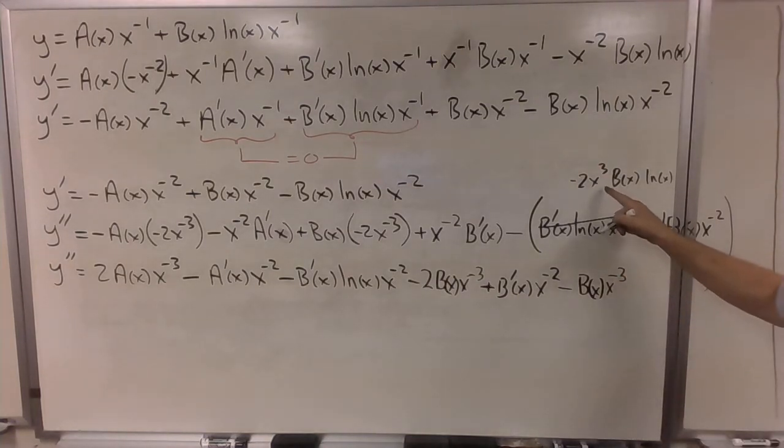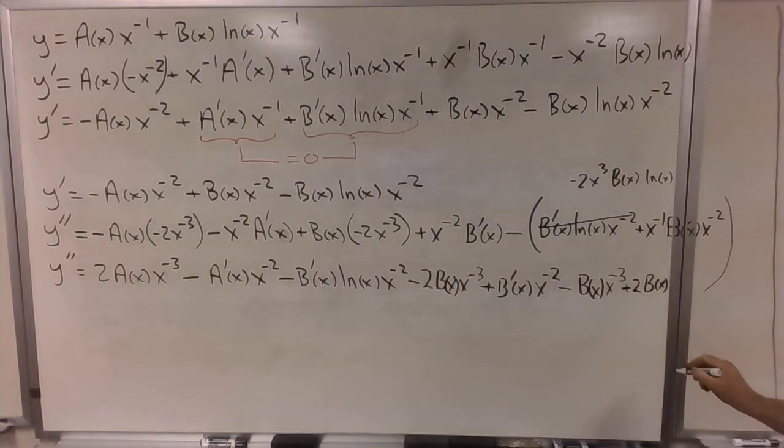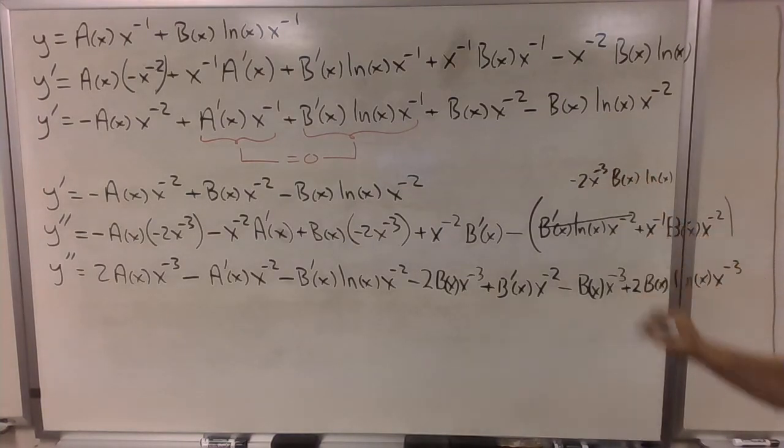And I have this term, but there's a minus sign out front, so it should be plus 2b of x natural log of x times x to the negative 3. That should be negative 3 right there.